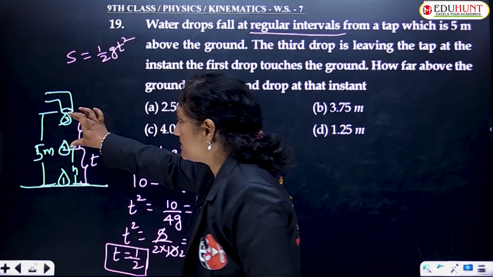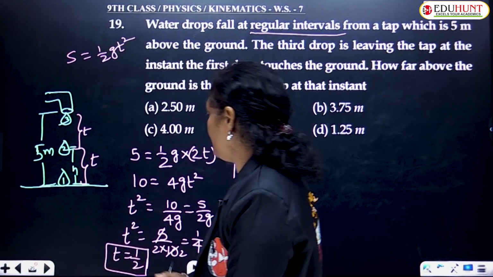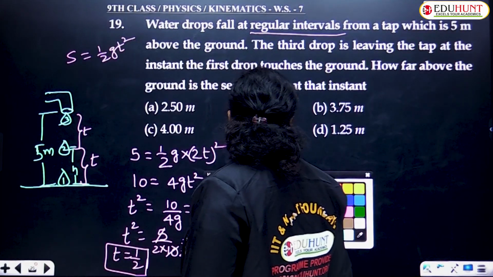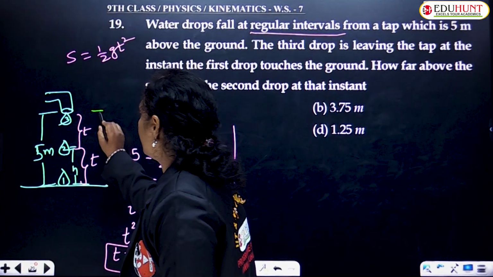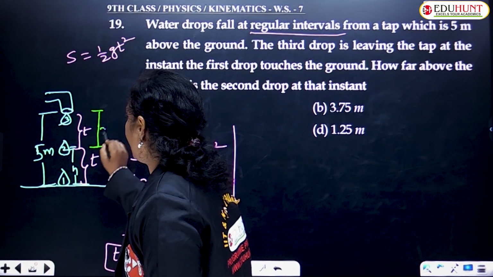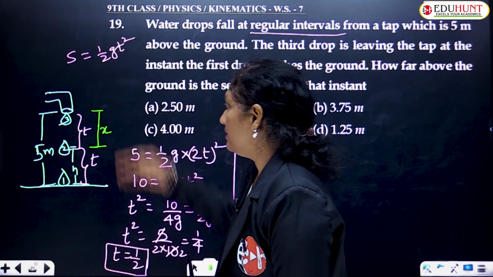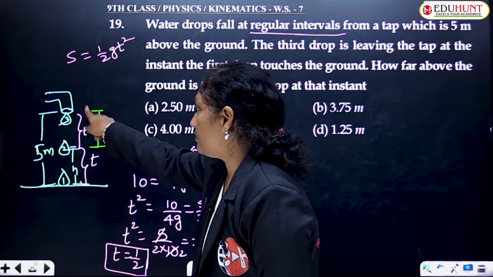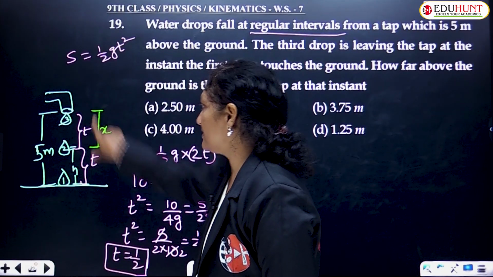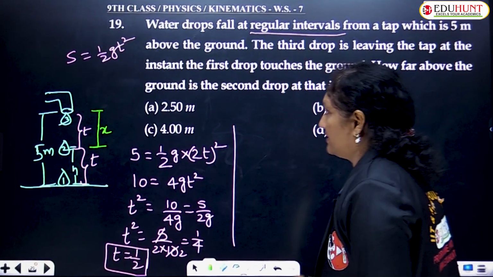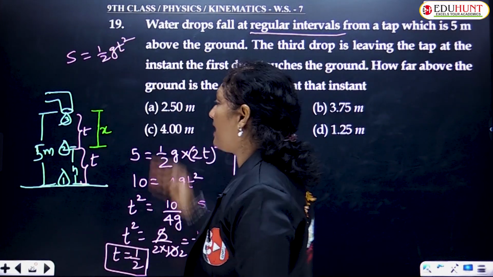Again, consider the second drop in freely falling motion. Let me take this distance as some x. You are not asked to find x, you are asked to find h, but for my easiness, I only know that it is a freely falling body. First of all, let me consider the value of x. Again the same formula, s = half g t square.